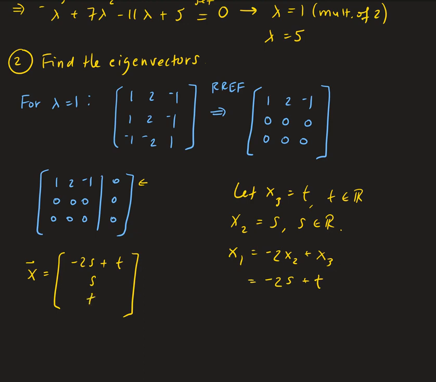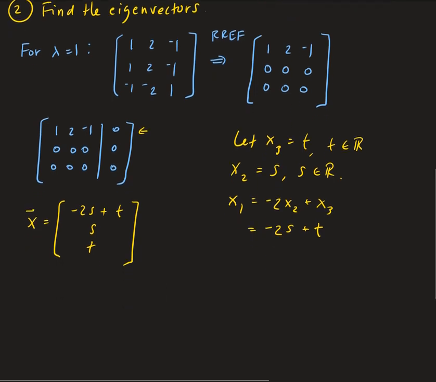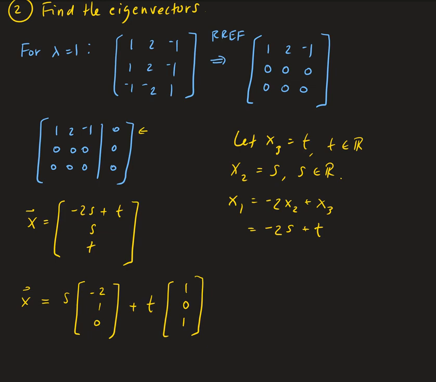We can write this in parametric form. So s will be multiplied by -2, 1, 0. And then we can factor out t, which leaves us with 1, 0, and 1.